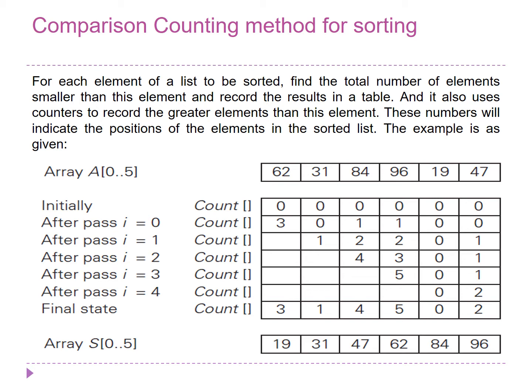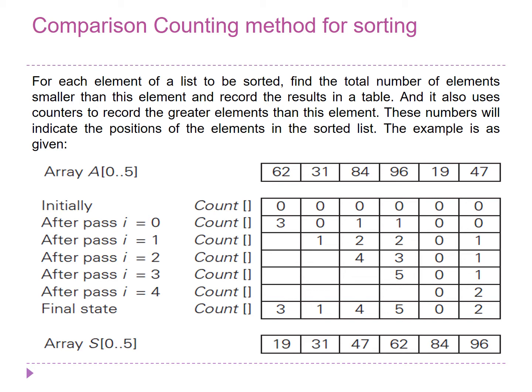It uses the same counter to record the greater elements than the current element. At the end of all the iterations, the positions of the elements in the final sorted array are represented by the values in the counter.